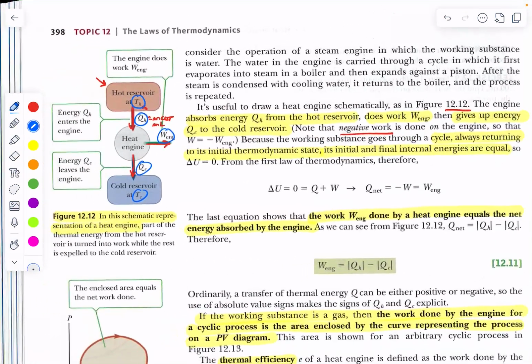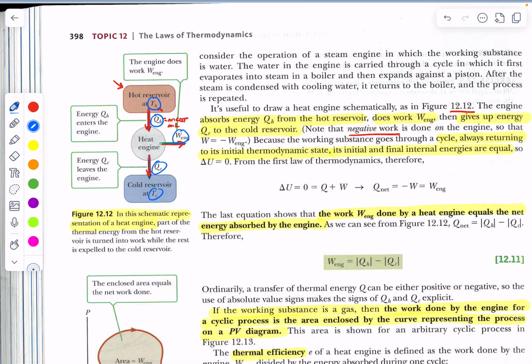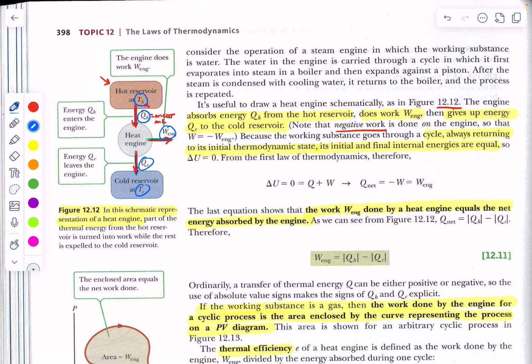So in this particular engine, the schematic representation of a heat engine, the engine absorbs an awful lot of heat at a high temperature. It does work. And then the excess, the unusable heat, goes into the cold reservoir. Note that negative work is being done on the engine, so that W equals this right here.